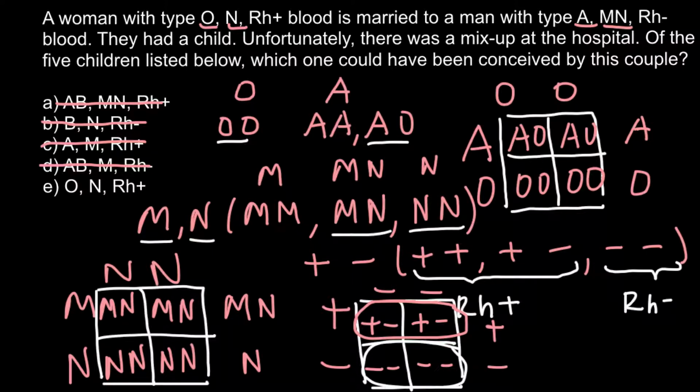So in the progeny we may find both Rh positive and Rh negative variants. So as you see, according to two variants of the phenotypes of the mother, of her blood group and phenotype, and of the father, it is possible that the children would be blood group O, would be blood group N, and Rh positive. So this is going to be our answer today.